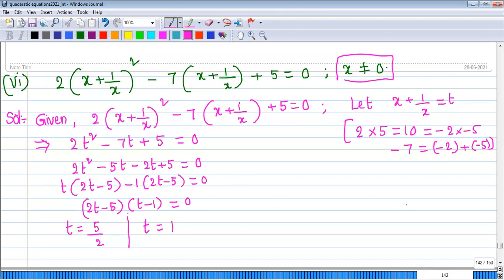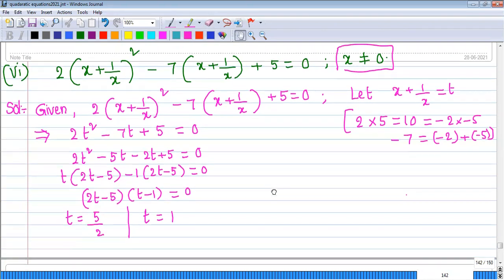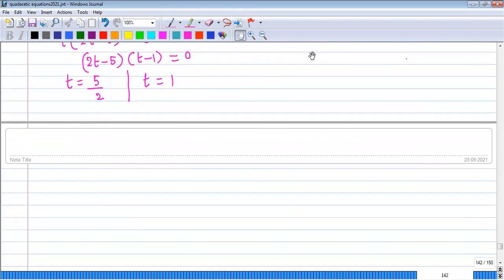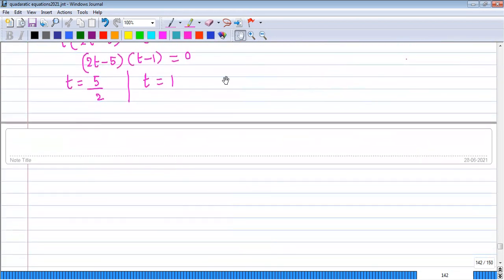Here two cases will arise. So what is the first case? Case number 1: t is equal to 5 by 2.